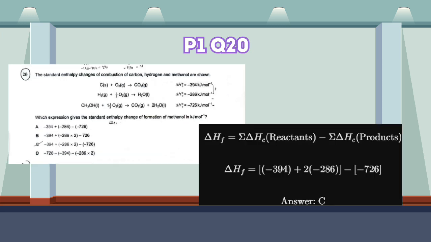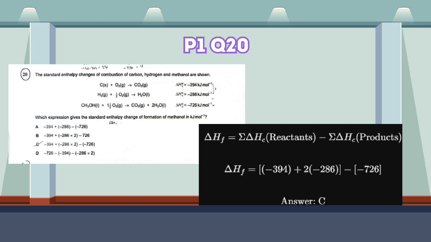And then the next question is paper 1, question 20. We use the formula delta H formation equals sigma delta H combustion for reactants minus sigma delta H combustion for products. Delta H formation equals minus 394 plus 2 times minus 286 minus 726.